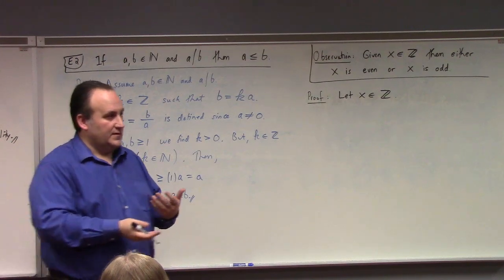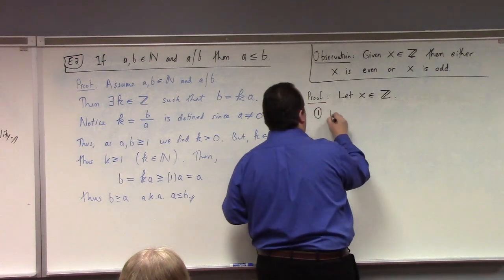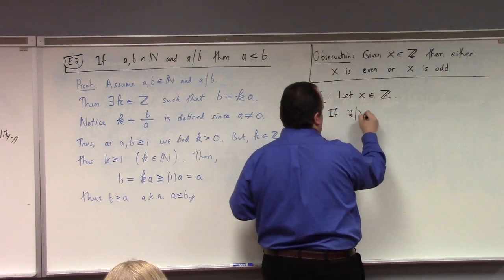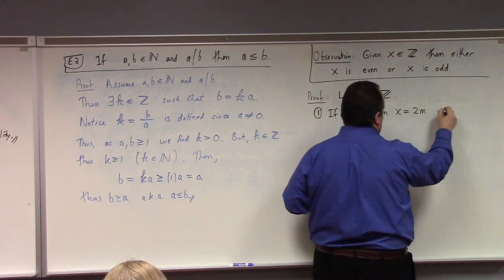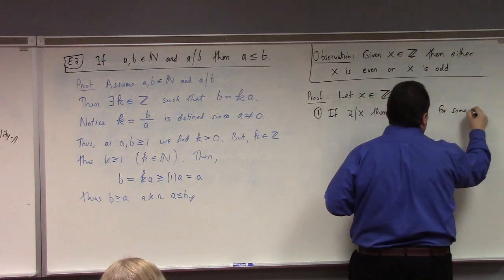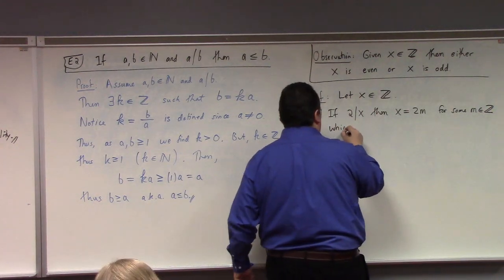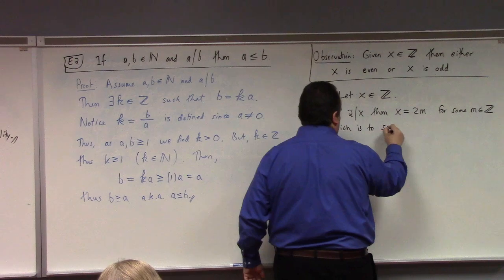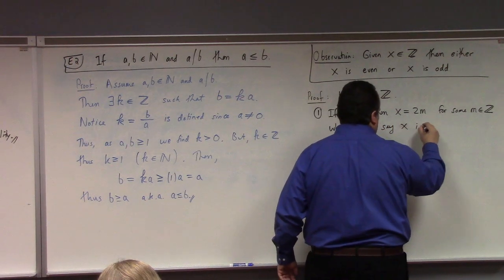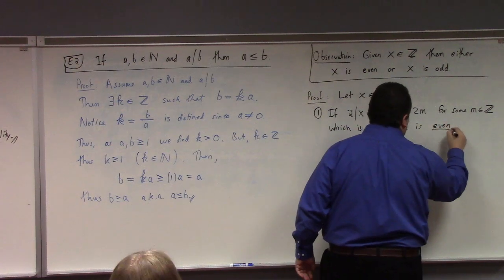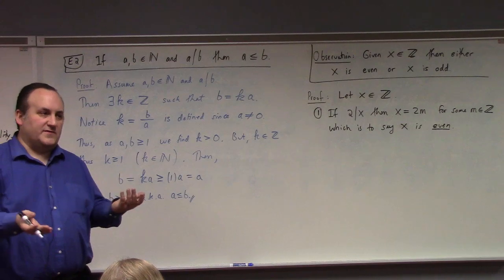So, number 1, if 2 divides x, then x is equal to 2m for some m in the integers, which is to say x is what? Even. That's the definition of even. What's the other option?